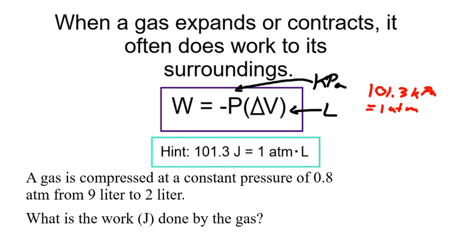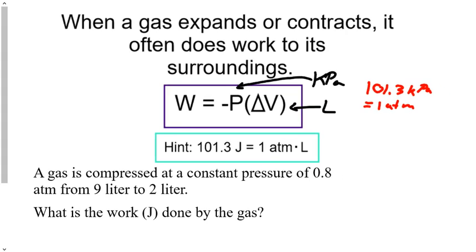So if you plug in atmospheres for pressure and liters for volume, you get atmosphere liters, and one of those equals 101.3 joules. Because of that, we can now solve this particular problem.